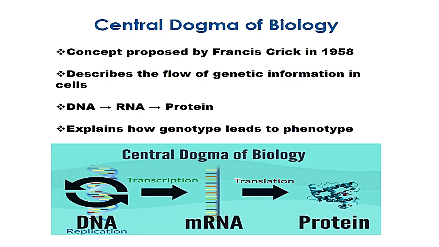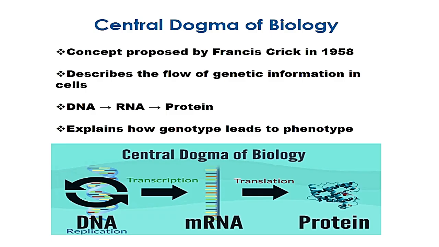Friends, in order to understand genome maps and their importance, we have to see the background of the central dogma of biology. The central dogma of biology is very essential to understand genomics and proteomics. You can see in the picture that we have our genetic material called DNA. DNA can be duplicated, called DNA replication.